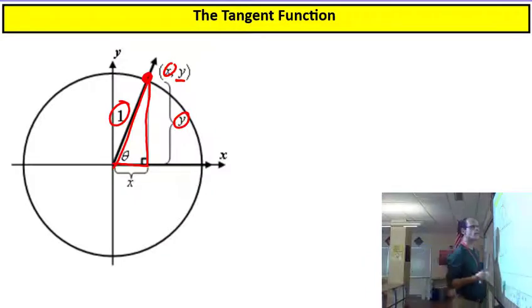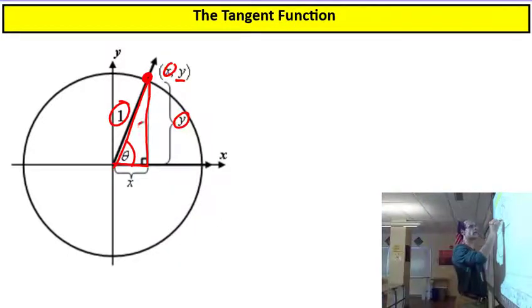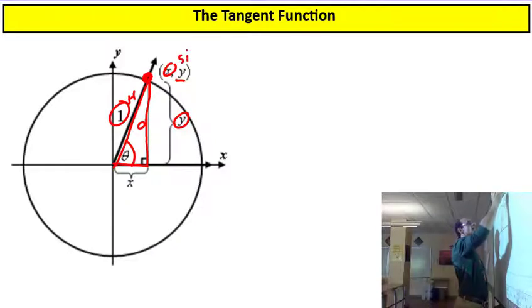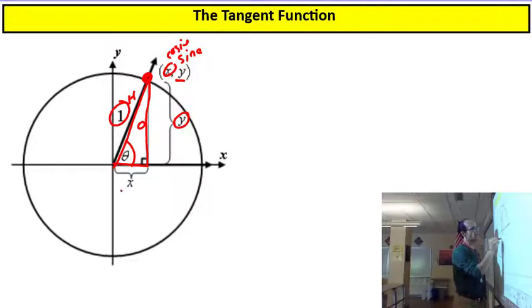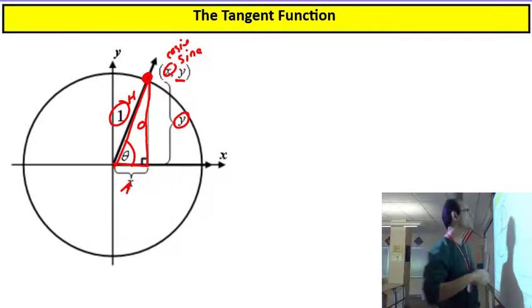Then we said, okay, well, if this is the y coordinate, this is the x coordinate, if I wanted to find the sine of this angle, the ratio of two sides, namely the opposite over the hypotenuse, the opposite side is y, or the opposite side is the sine, because the hypotenuse is 1. So we went ahead and said that y is the sine and x is the cosine, because the cosine is the adjacent side, right? Okay, so now let's take that one step further.